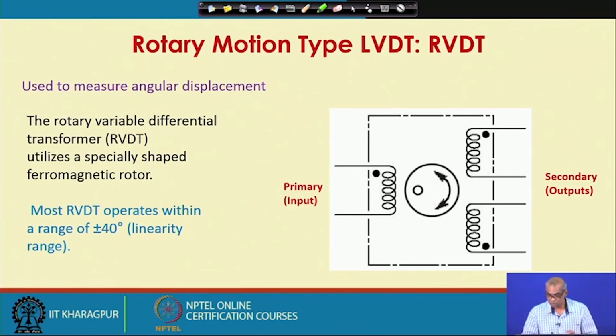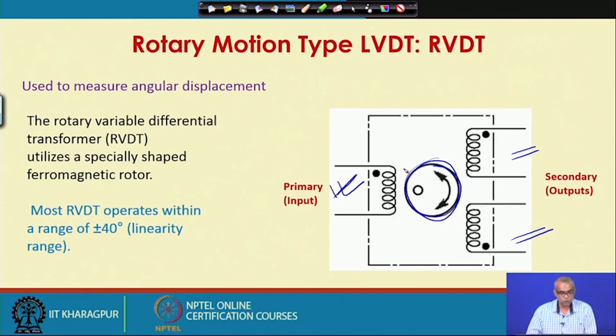So, it is very much similar to linear variable differential transformer or LVDT. You have the primary coil, you have two secondary coils which are connected in series opposition. Now, this core is specially shaped ferromagnetic rotor which may be connected to the object which shows rotary motion.